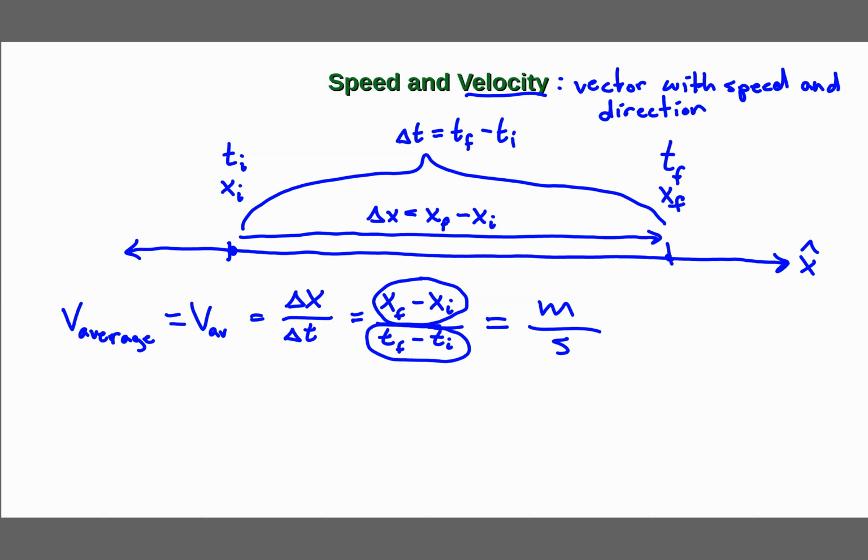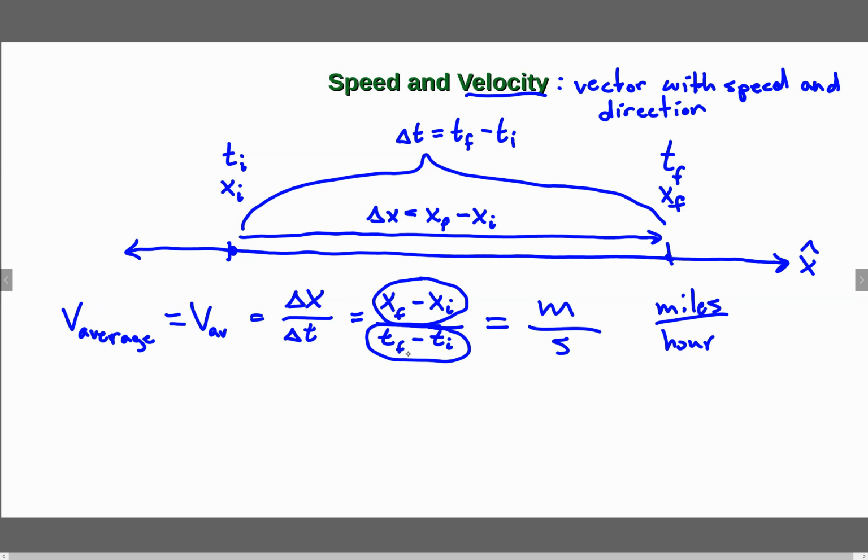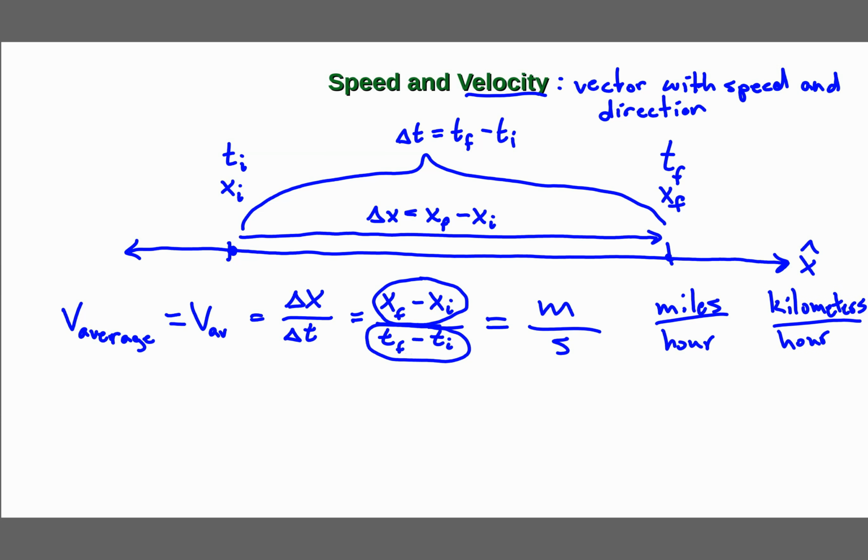Or if you're in the United States in your car, you might have seen miles per hour, again, a speed or a velocity. And if you're not in the United States, you probably have seen kilometers per hour in your car. Again, a length over a time, which gives us a speed.